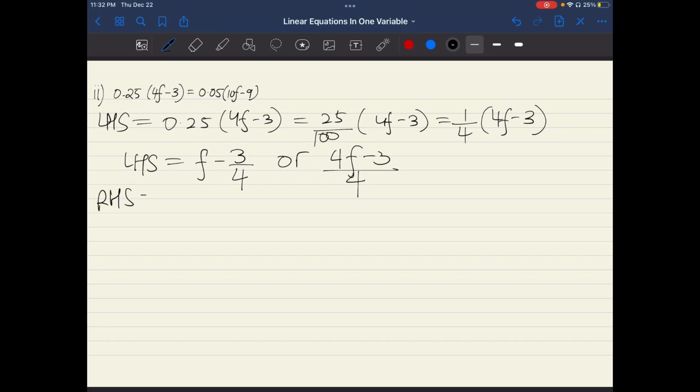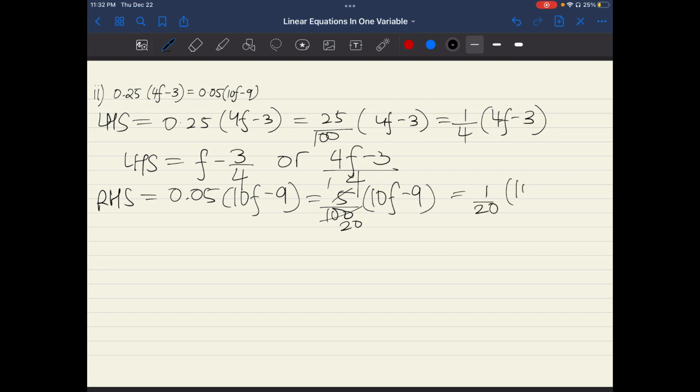And similarly, our RHS of 0.05 times 10f minus 9 can be written as 5 over 100 times 10f minus 9, which is 1 over 20 times 10f minus 9, which gives us RHS value of 10f minus 9 over 20.